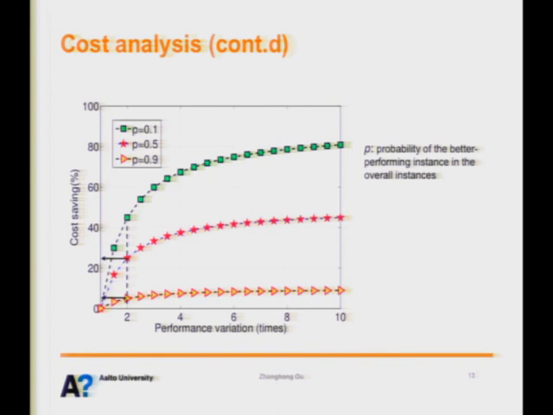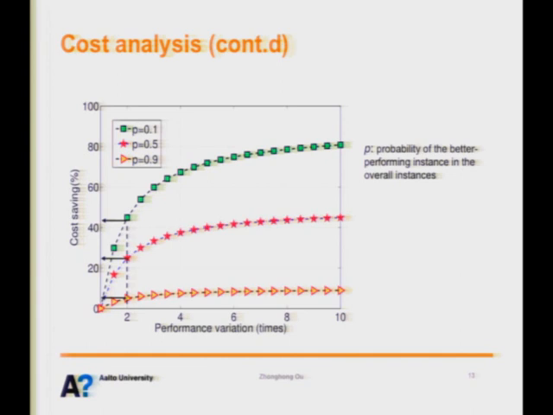And then if we move on, if the fast instances are very few, accounting for a very small proportion of the overall instance types, then you can seek out the fast ones, and you will get maybe 42 or 45% of cost saving.